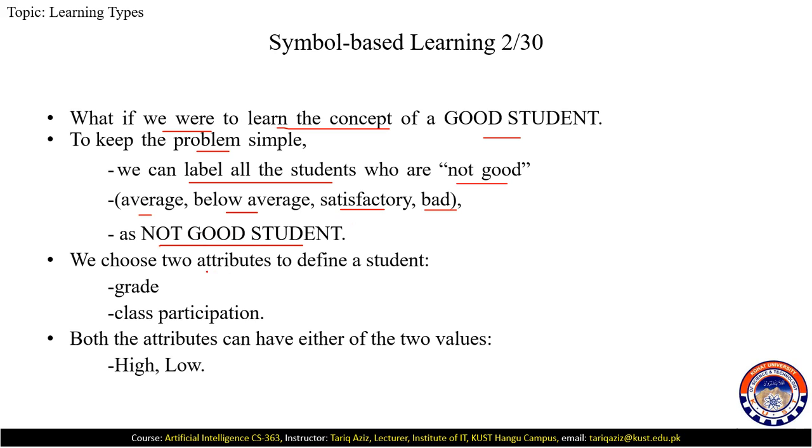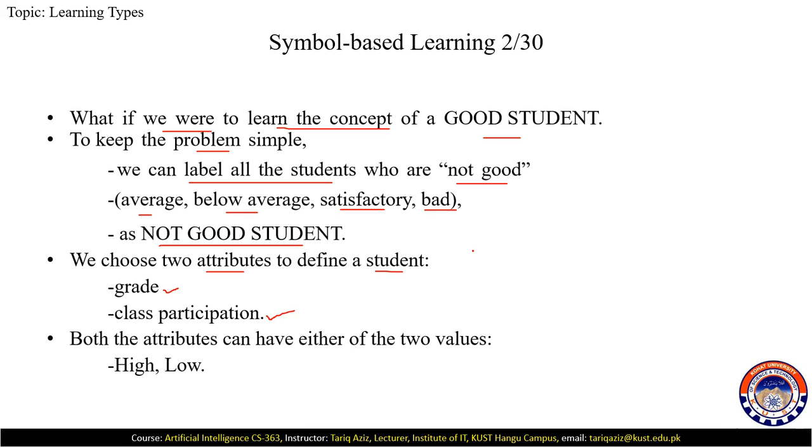Now we will use two attributes to define a student: one is the grade attribute and the second is class participation. Based on these two attributes, we will try to identify whether the student is a good student or not a good student. Dear students, most of the time I am using the term we. In this context, by we I mean our machine, because we are discussing machine learning.